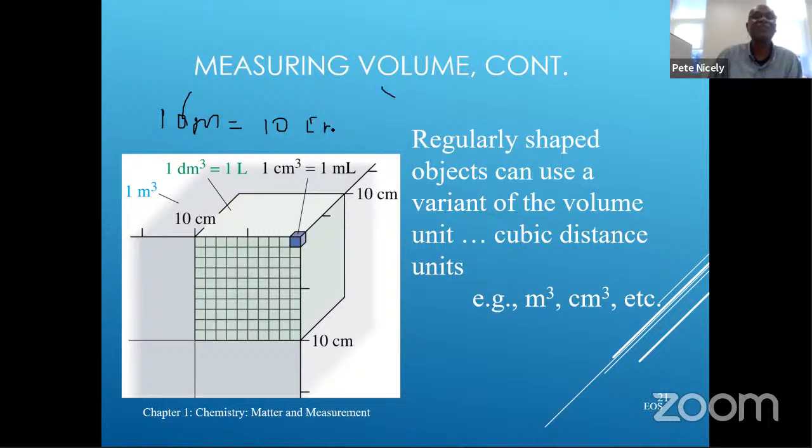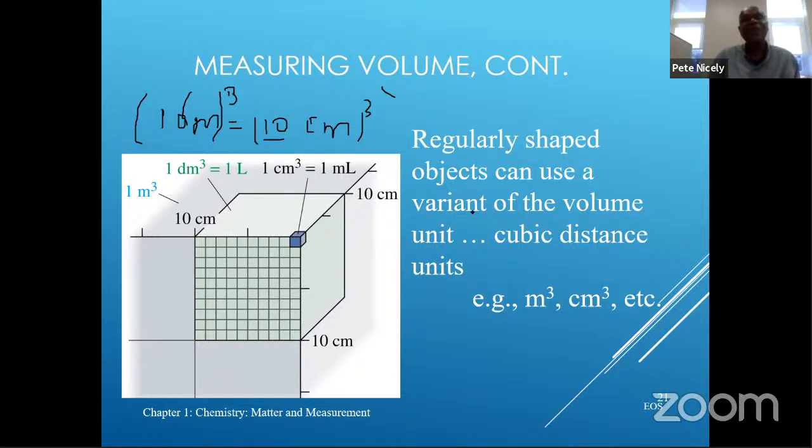Okay, centimeters. All right. So if we cube the 10 centimeters here, that means we have to cube this as well on the other side, 1 decimeter cubed. So the 10 that is cubed here will be equal to 1,000 cm cubed, right?